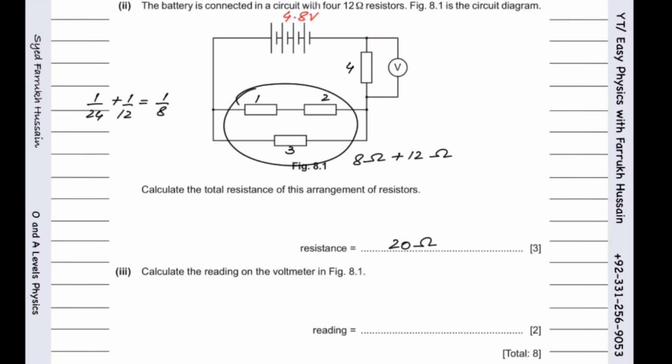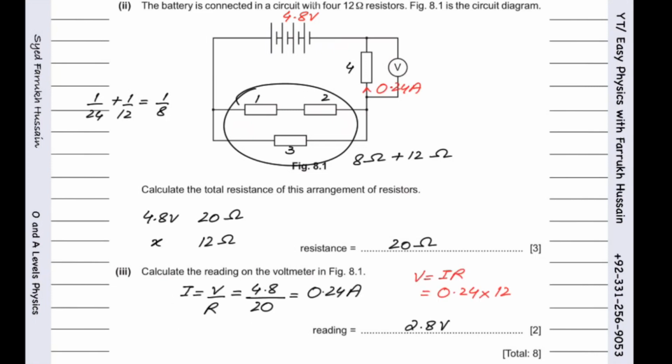So I can say 4.8 volts is across 20 ohms resistor, and you have to find the voltage across 12 ohms only. So just cross multiply. Times 4.8. Is it 8? Yeah, so the answer is not 8, 2.8 volts.